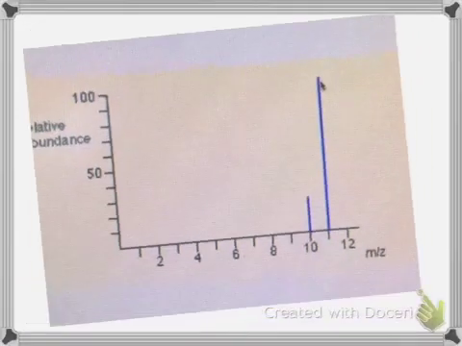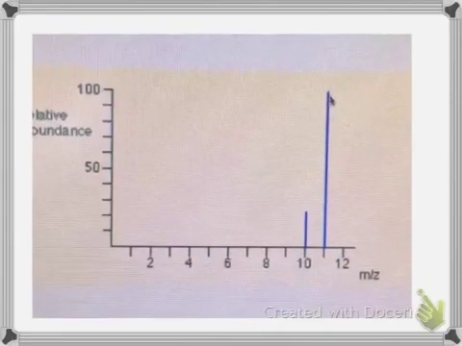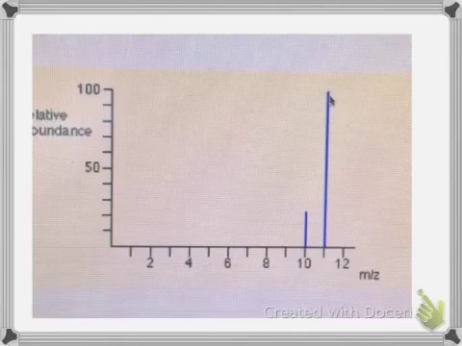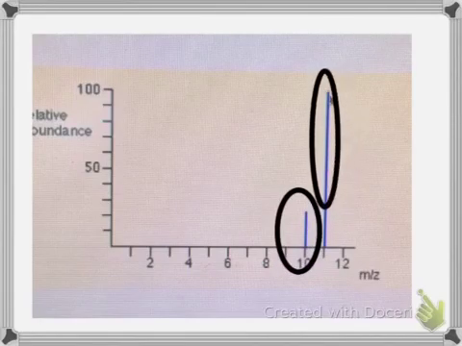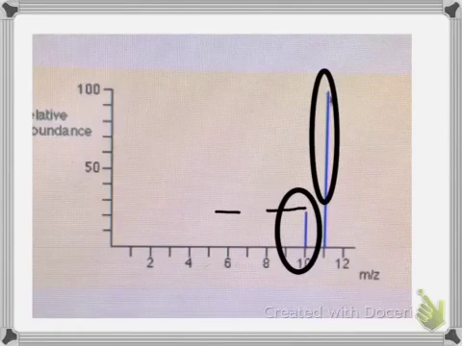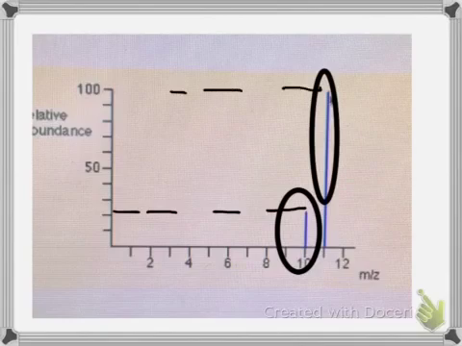So if I look at this example, I know I've got an isotope at a mass to charge ratio of 10, and a second isotope at a mass to charge ratio of 11. I know my isotope at 10 has an abundance of about 23, and my isotope at 11 has an abundance of about 100.